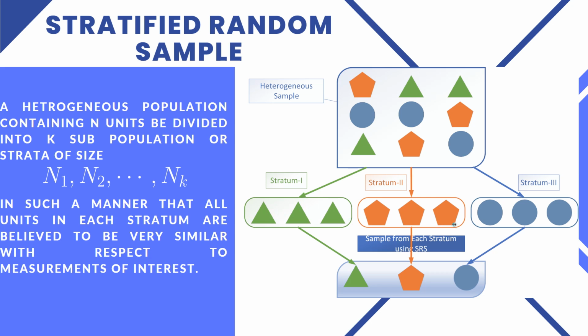If you have k strata, the last is Nk. The strata are of such size that all units in each stratum are believed to be similar with respect to the measurement of interest, meaning the results you want to acquire. Your elements are homogeneous within each stratum.